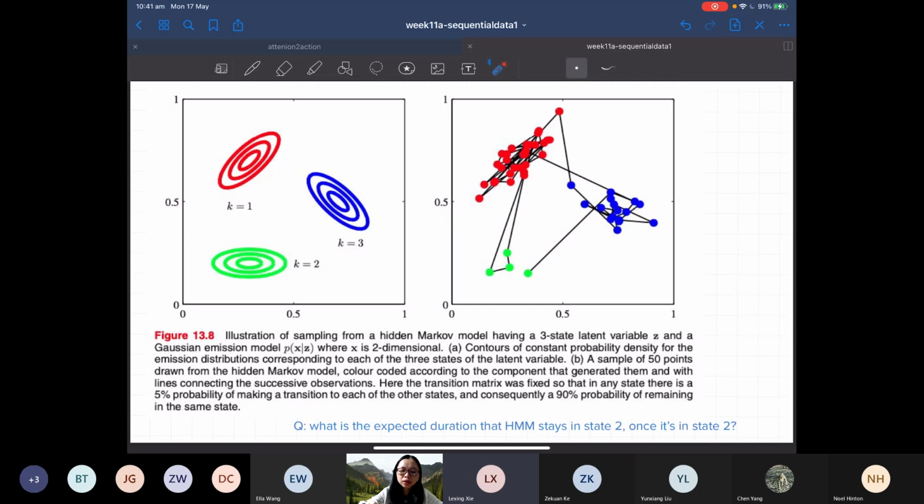Same goes with the blue and red cousins. Moreover, the transition matrix of this HMM is fixed so that in any state there's a 5% probability of making a transition to any other state and a 90% probability of remaining in the same state. So it has a tendency to stay in the same state for a while, and then with 5% probability jump to either the red state or the blue state here.